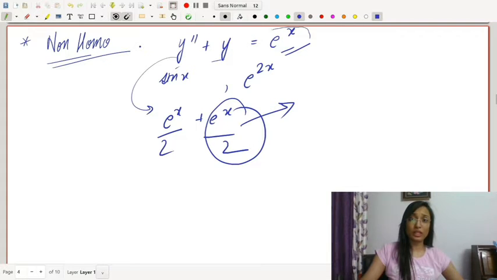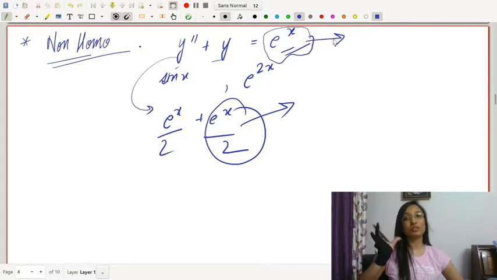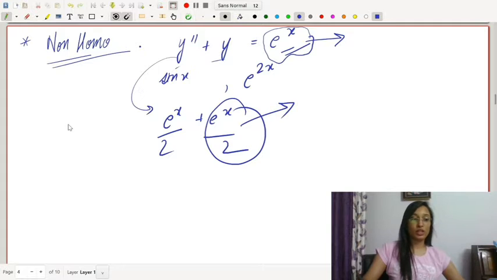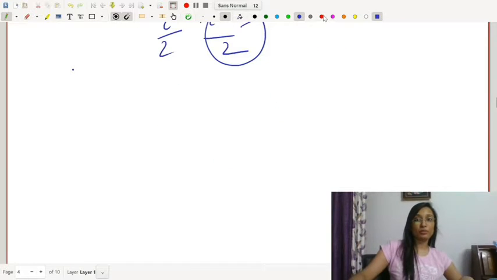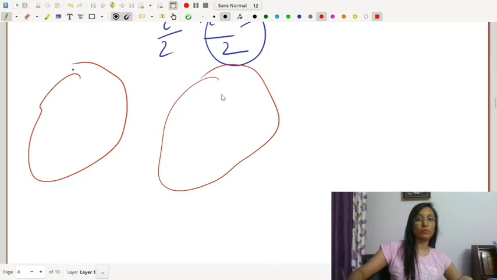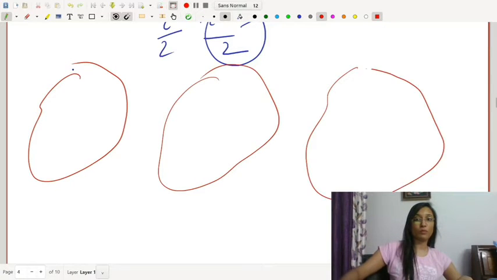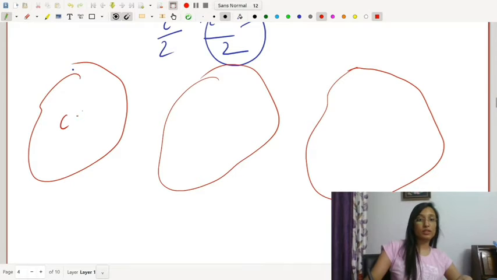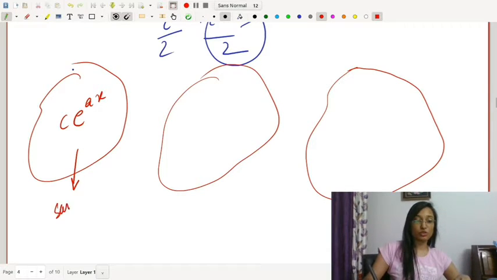सो बेसिकली हमने क्या किया, ये जो यहाँ पे फंक्शन पड़ा है उससे थोड़ा सा स्पेकुलेट किया कि हमारे पास पर्टिकुलर सोल्यूशन क्या आएगा. सो ऐसे ही हमारे पास 4 बॉक्सेस हैं. c e^ax फॉर्म के सेम टाइप की सोल्यूशंस होंगे. कोई चेंज नहीं आएगा उन सॉल्यूशंस में, जैसे ये दिखता है वैसे ही सॉल्यूशन आएगा.